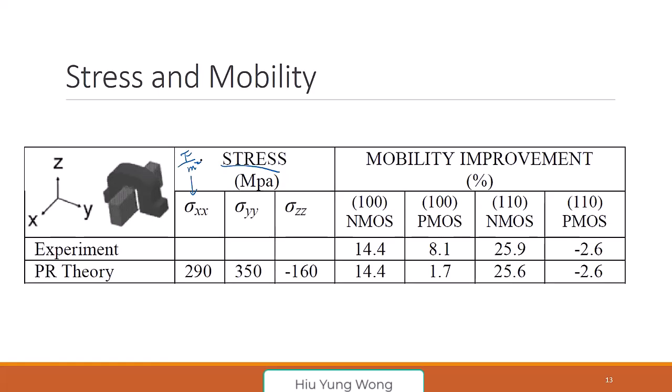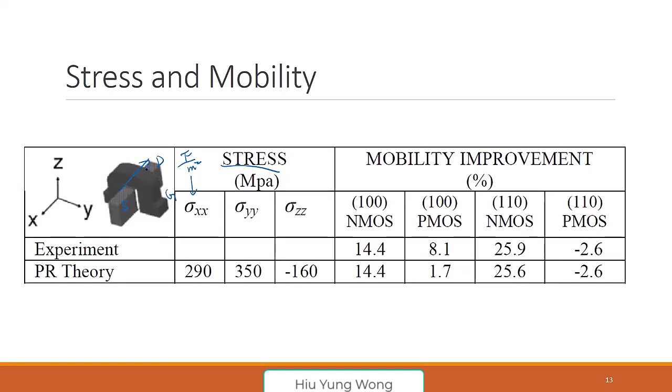So they try to do experiments, and then they try to have a theory to predict what stress they have. From the stress, they can predict what mobility is going to improve, right? So for this particular structure, FinFET, this is source, this is drain, this is the gate. So electrons travel in this direction.